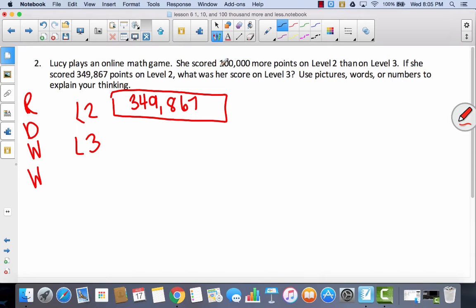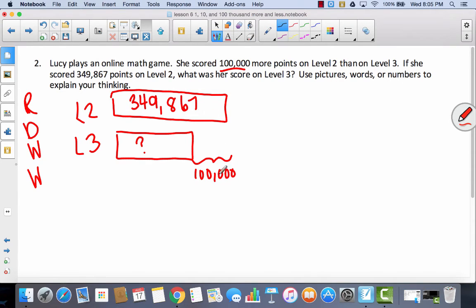It tells us she scored 100,000 more points on level 2 than on level 3. So that tells me that level 3 should actually be 100,000 less.